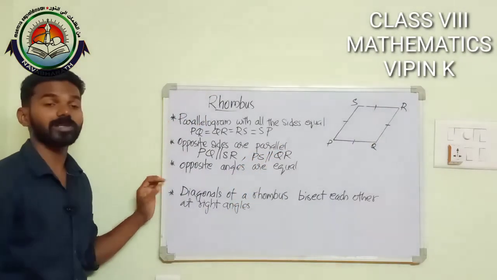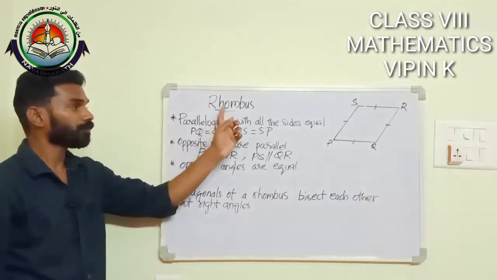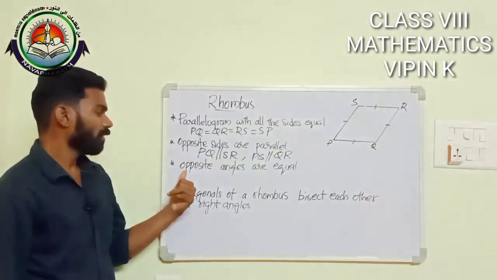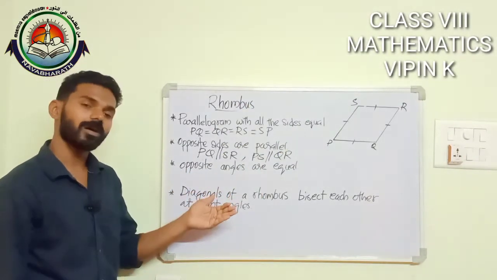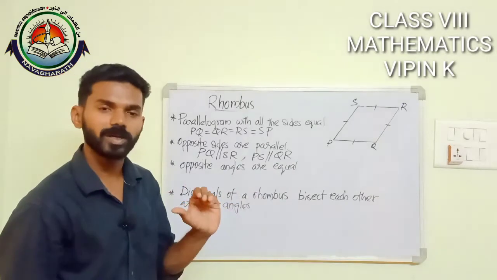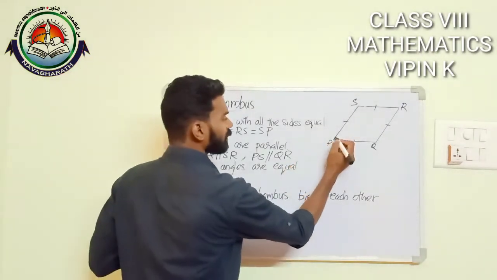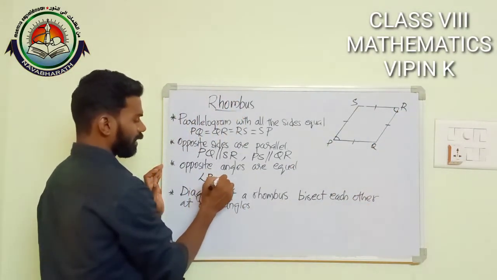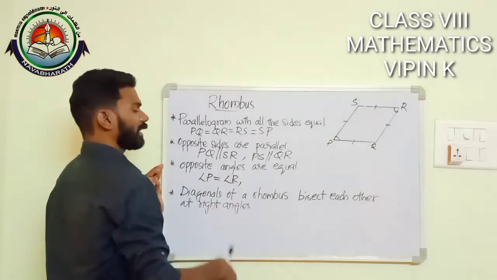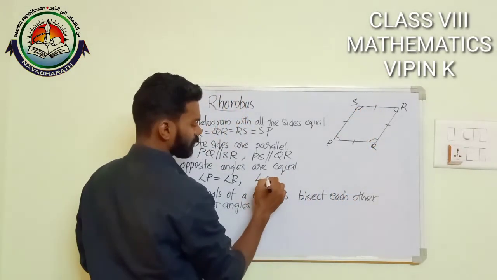Now, the third property of a rhombus is that opposite angles are equal. That would be the same in the case of an ordinary parallelogram. Which are the opposite angles? Angle P and angle R. They are equal. The next pair is angle Q and angle S. They are also equal.